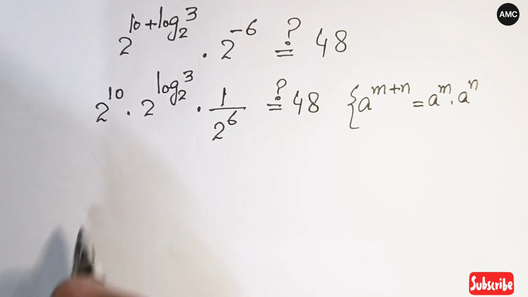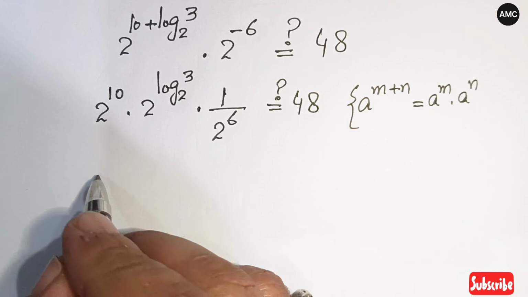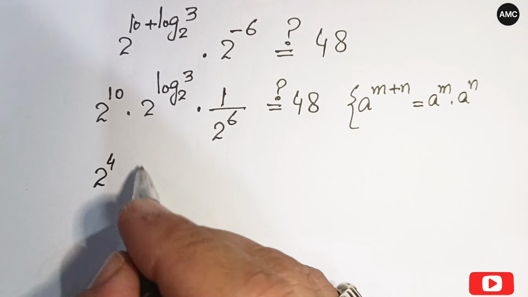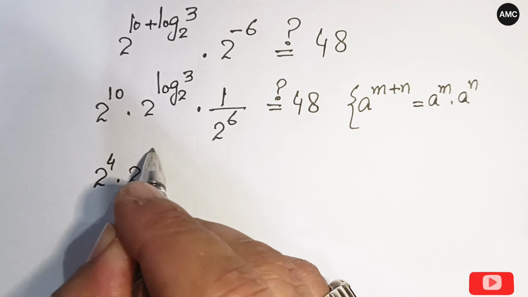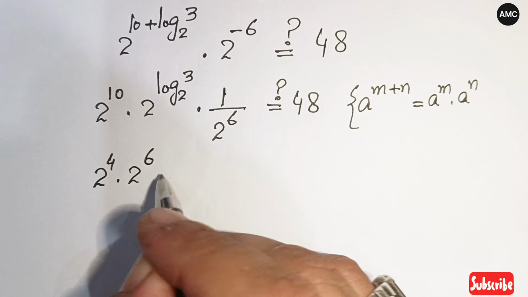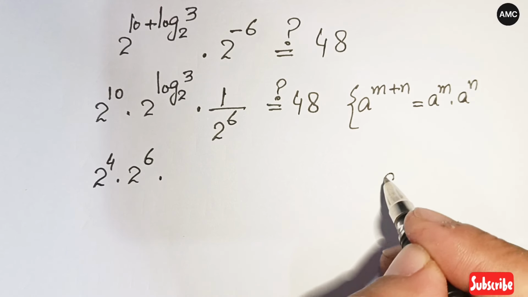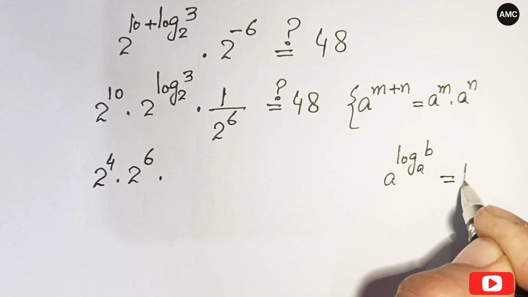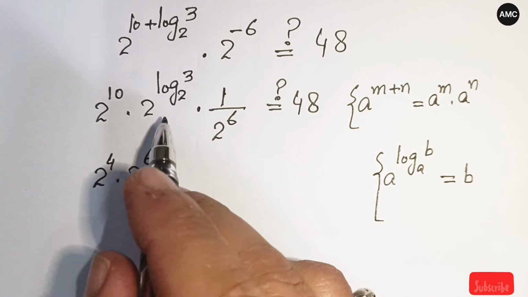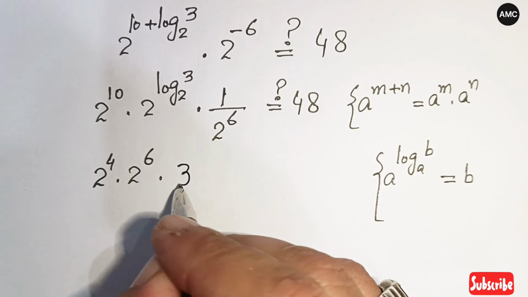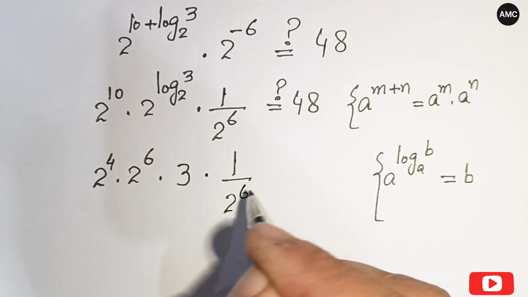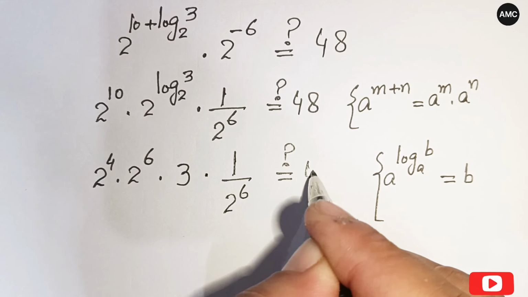Now here we have 2 to the power 10 can also be written as 2 to the power 4 times 2 to the power 6 and times, here we can use logarithm law. If we have a to the power log b to base a, then it is equal to b. So it will be equal to 3 because value of b is 3. The times 1 over 2 to the power 6, is it equal to 48.